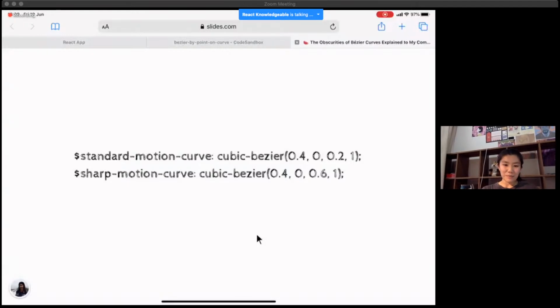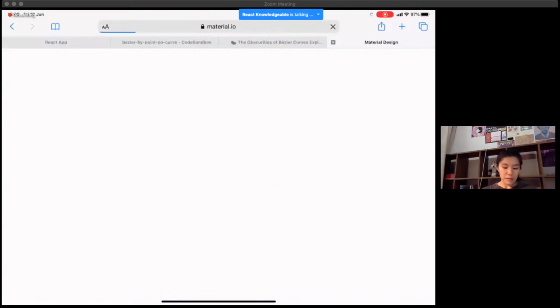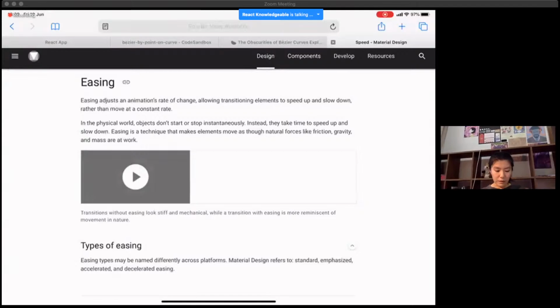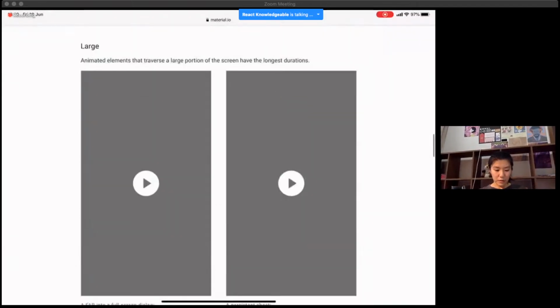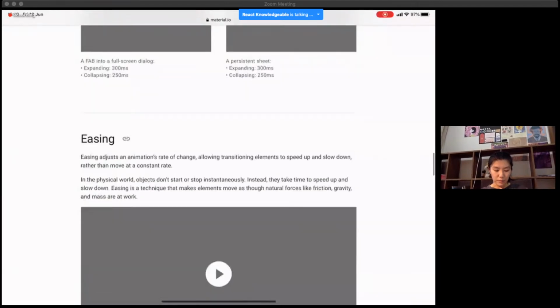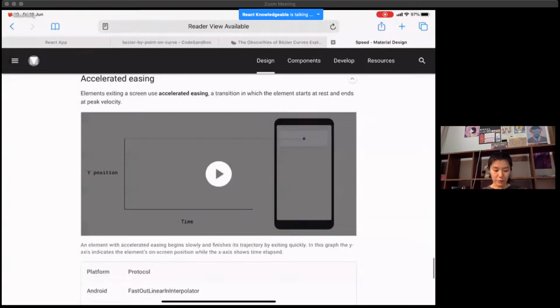So if you do a little bit of research, you might end up here. This is Google's material design, and it has a bunch of easing functions, and some of them would look like this. So it looks like something dropping, right?